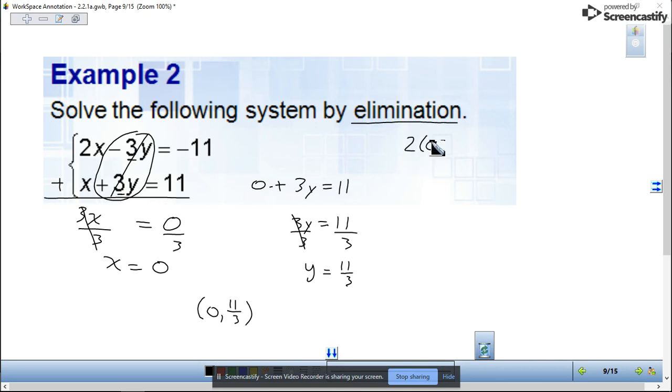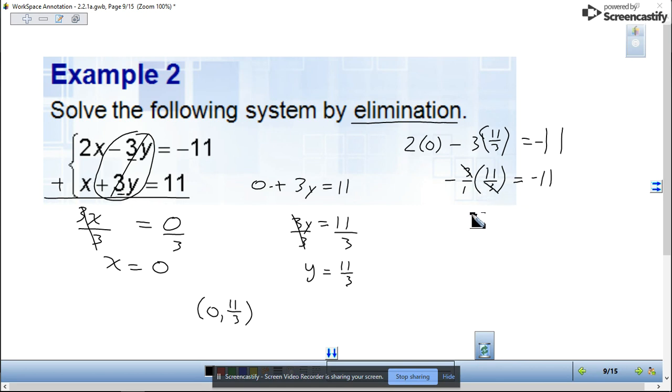So 2 times 0 minus 3 times 11 thirds. Right? That should equal negative 11. Okay, 2 times 0, that's gone. So I have negative 3 over 1 times 11 over 3 equals negative 11.